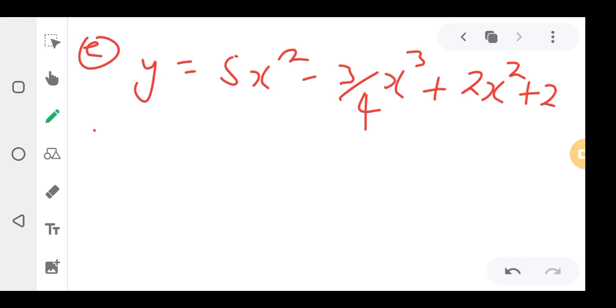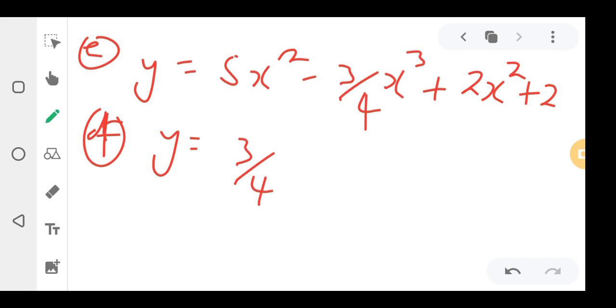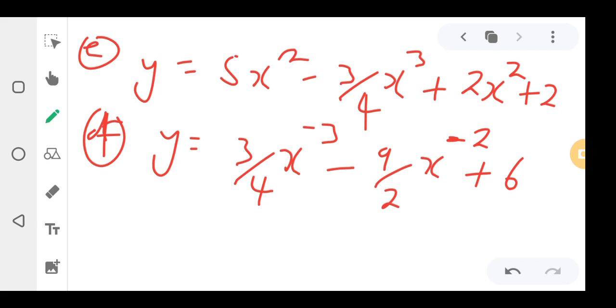That's E. F: y is equal to 3 over 4x power negative 3 minus 9 over 2x power negative 2 plus 6.